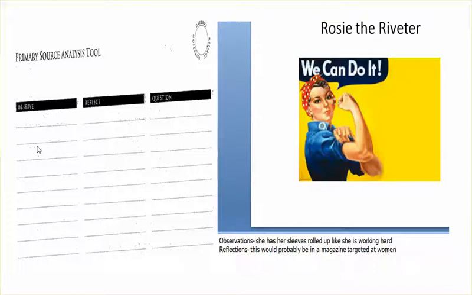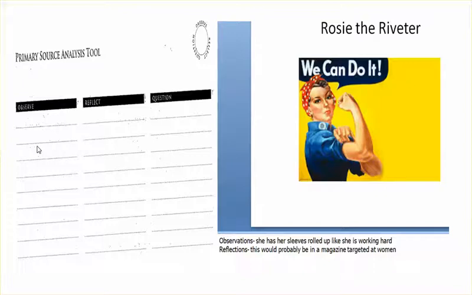So the first time that we do it, each student will have a copy of the primary source analysis tool so they can do it physically then. Because like I said, they are kinesthetic learners. So them being able to actually write it down and actually see it and feel it, that'll help them out.